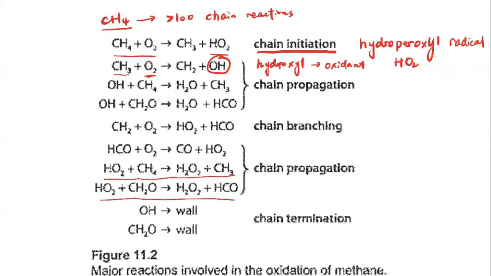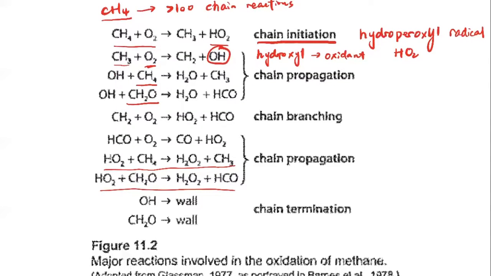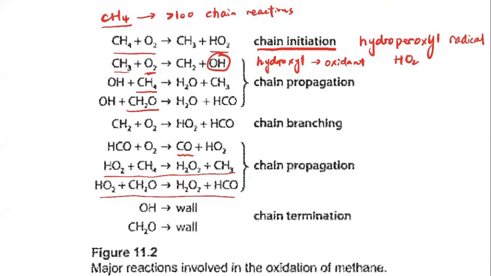The hydroxyl radicals can further decompose these hydrocarbons to form water, and also to form, let's say, carbon monoxide. So basically, it's the formation of the OH and HO2 radicals that oxidizes the hydrocarbon.